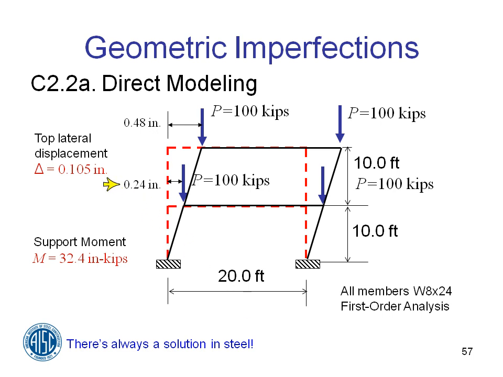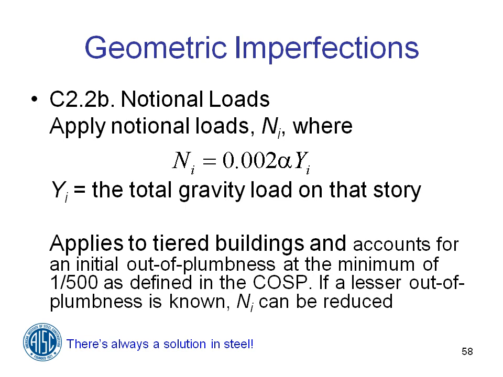My second level is now moved over an additional 0.24, so it's at 0.48 inches. When I analyze this structure, I get a moment at the support down at the bottom here of 32.4 inch kips and a deflection at the top of 0.105 inches. Keep those numbers in mind, and we'll compare them to what we get when we use notional loads.